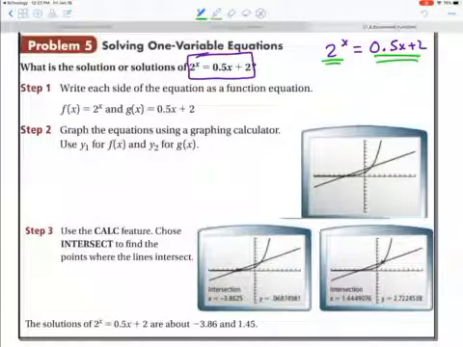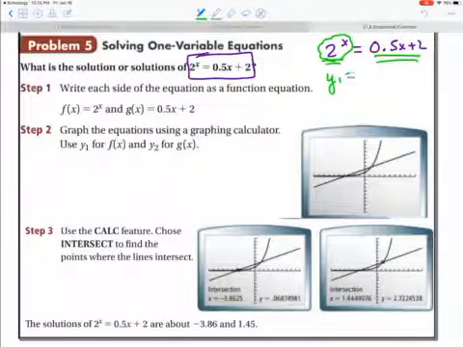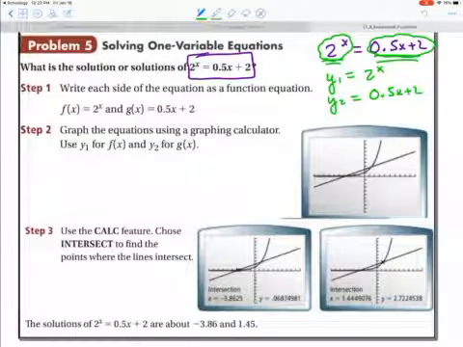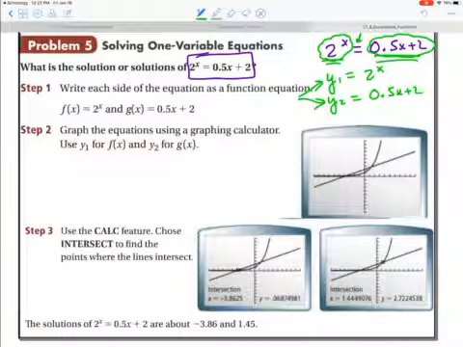To solve this, we're going to use the graphing calculators, and we're going to take what's on the left side and set it equal to y, or y1 is equal to 2 to the x. Then we're going to take what's on the right side and set that equal to y2 is 0.5x plus 2. The meaning of this is I'm seeing where these two equations intersect, where they are equal to each other.